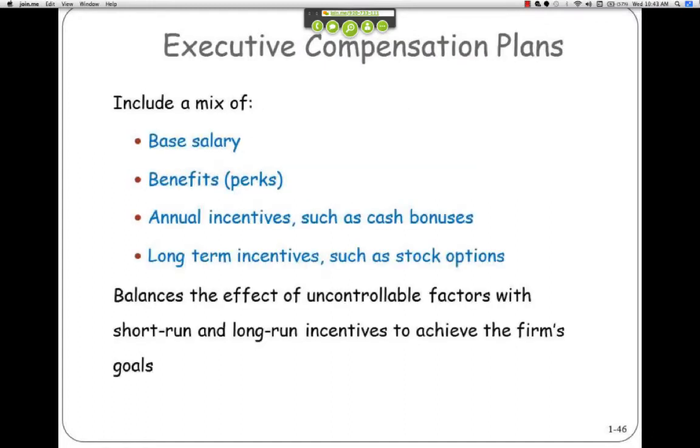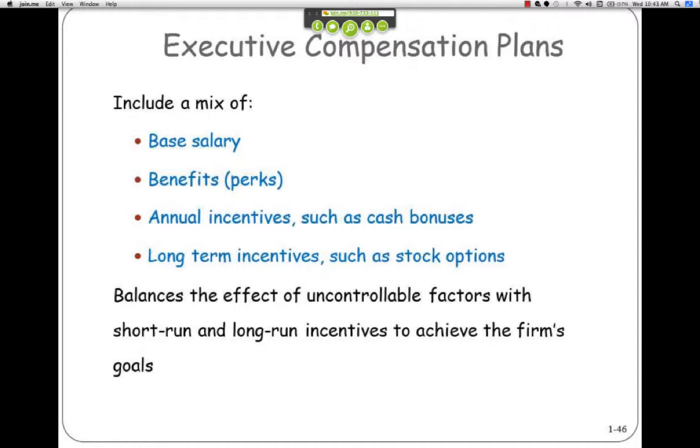Okay, compensation. The last thing we talk about in this class. Compensation is a mix of base salary, benefits, bonuses, stock options, things of that nature. You'd like to think that compensation is just based upon how well you did, but the reality is it's also based upon factors that are outside of your control.